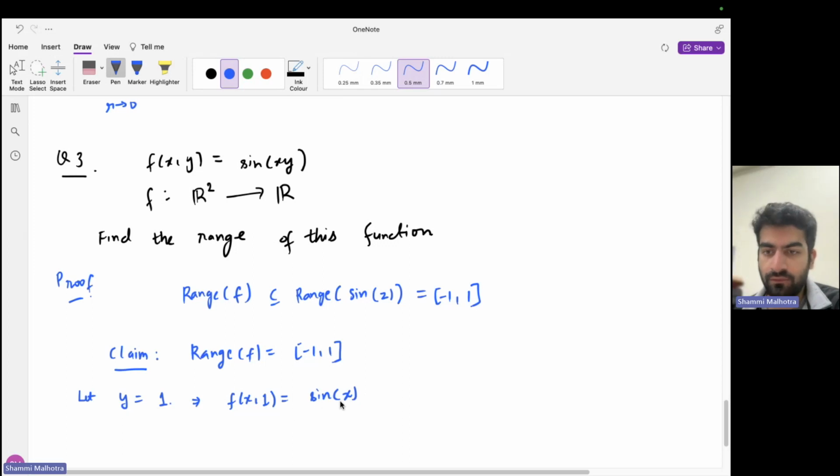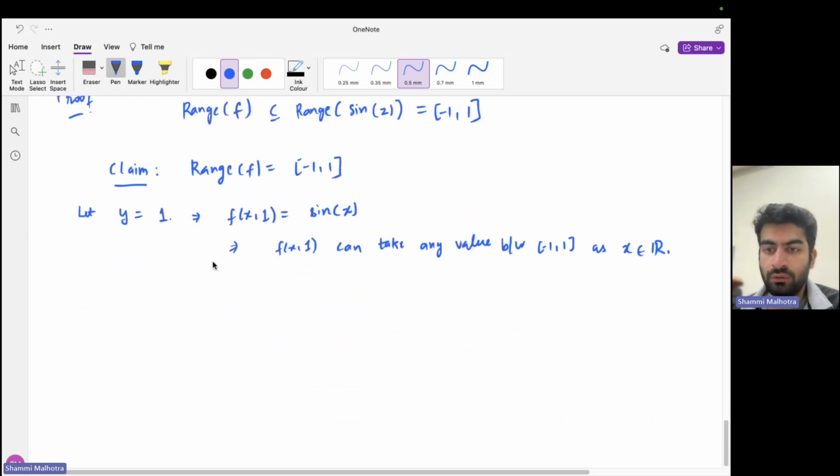So f(x,1) will take any value between -1 to 1, as x belongs to R. So all of these values from -1 to 1 are achievable, and this implies that -1 to 1 is contained in the range.